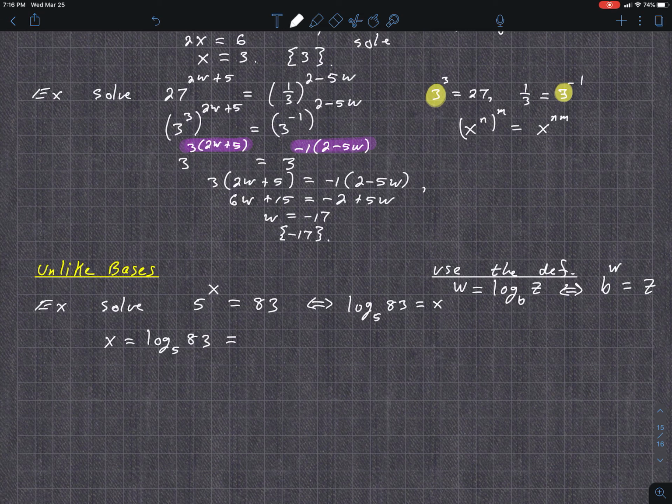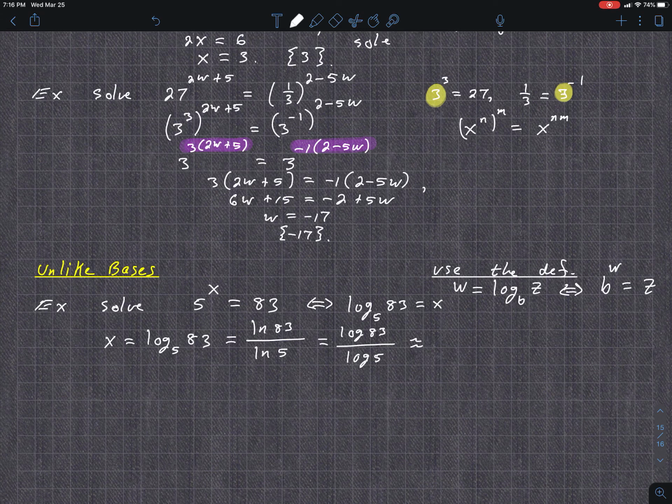We can convert it to a different base. So you can use ln: ln 83 over ln 5, or you can use log 83 over log 5.